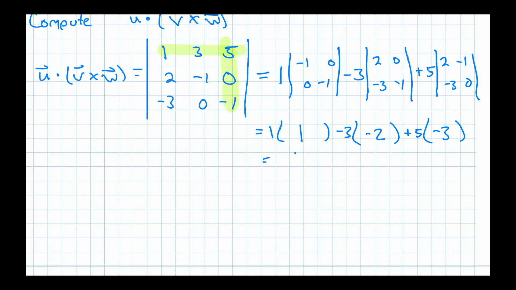So what do we get? We get 1 plus 6 minus 15. Is that right? Hopefully I did not make a sign error. It is really easy to do that. 7 minus 15. Is that -8? Probably.